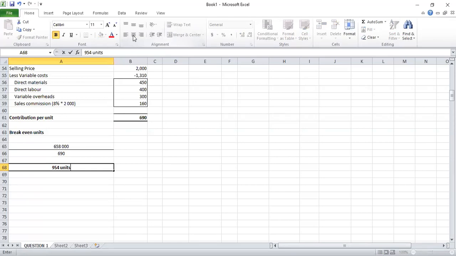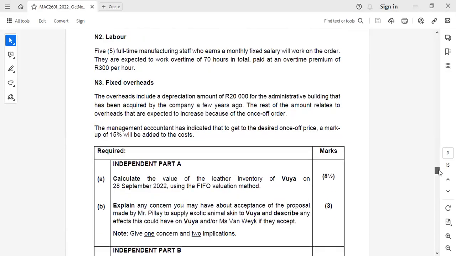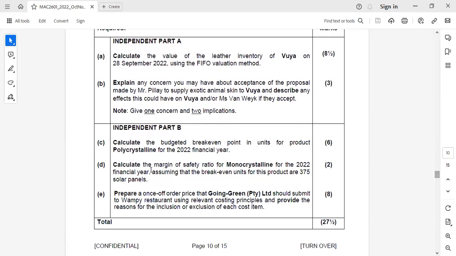Any questions? Right, number D, calculate the margin of safety ratio for monocrystalline for the 2025 financial year, assuming that the break-even units for this product are 375.